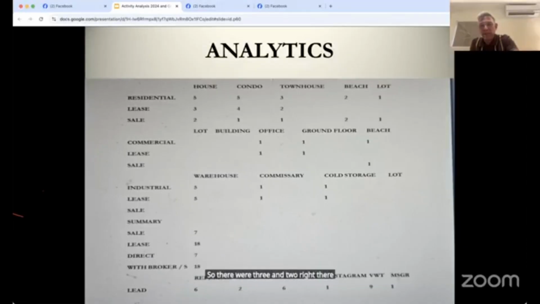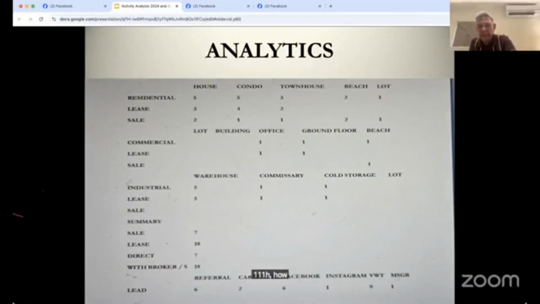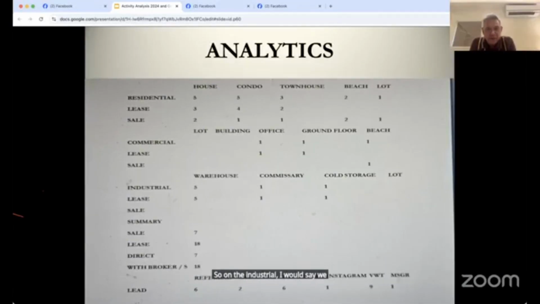On commercial, there's the lot, building, office, ground floor, and beach. Again, I did the numbers for those, 1 each, and how many of them were lease and how many were sale. And then for industrial, there was the warehouse, commissary, cold storage, and lot. On the industrial, we did 5, including 1 commissary and 1 cold storage.